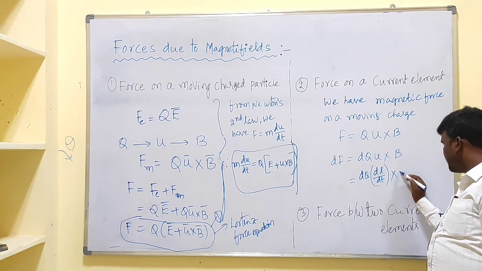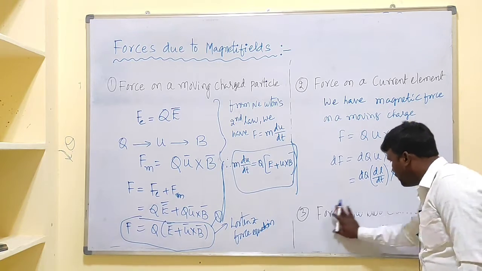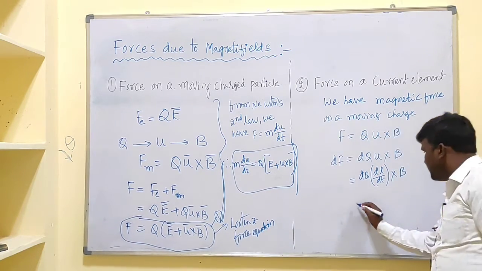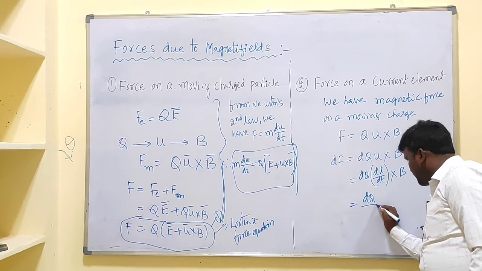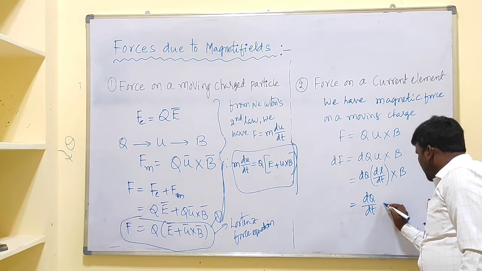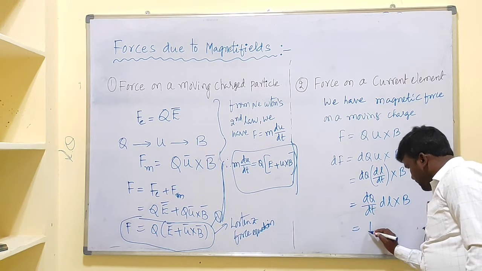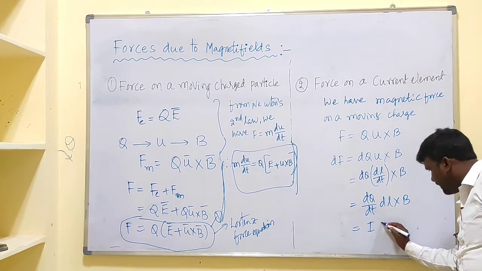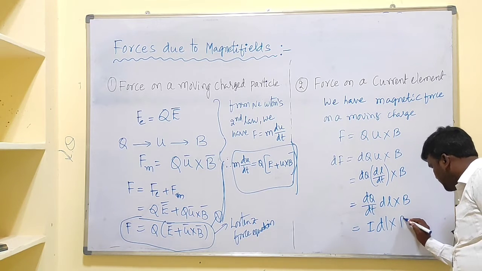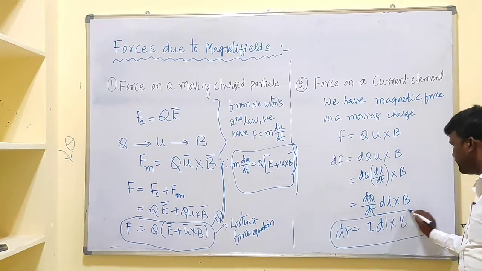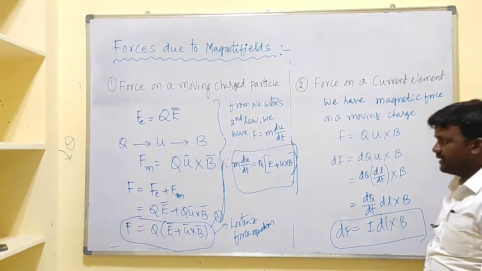Then we get dq by dt into dl cross B. We know that dq by dt, charge per unit time, is nothing but current, so this is I into dl cross B. This is the force on a current element.